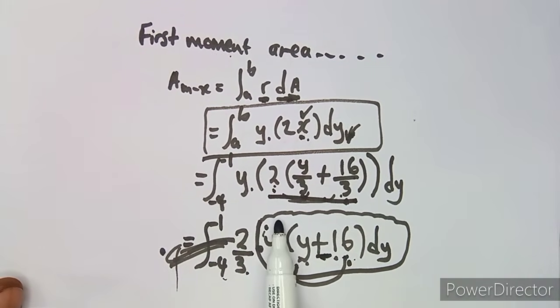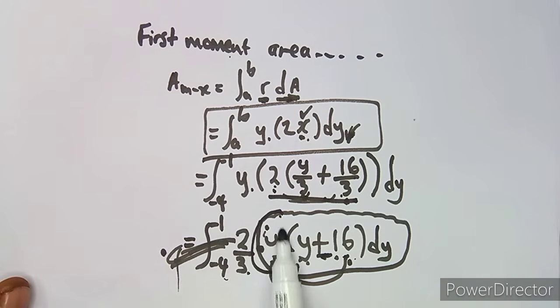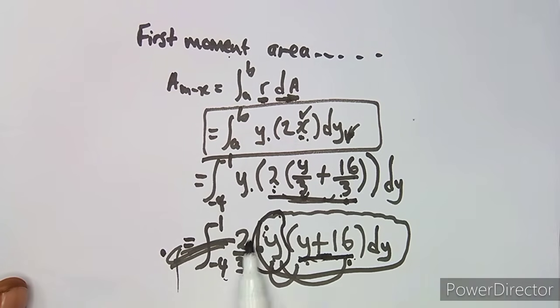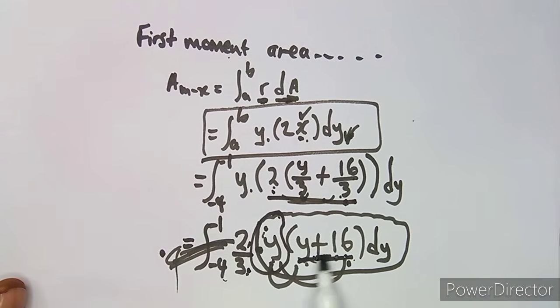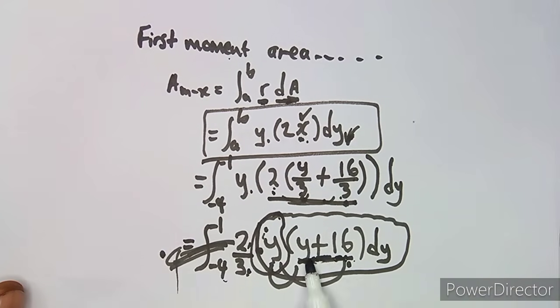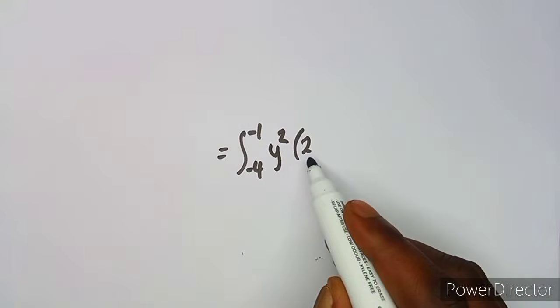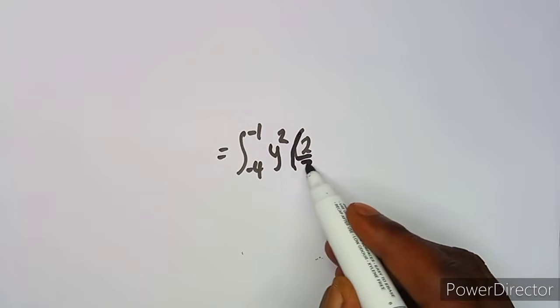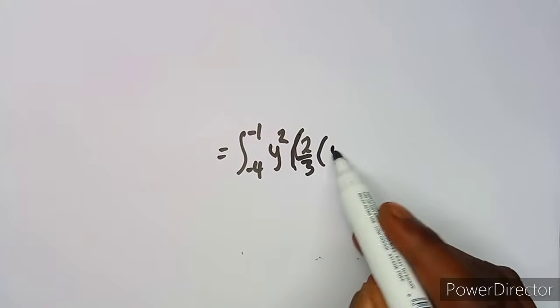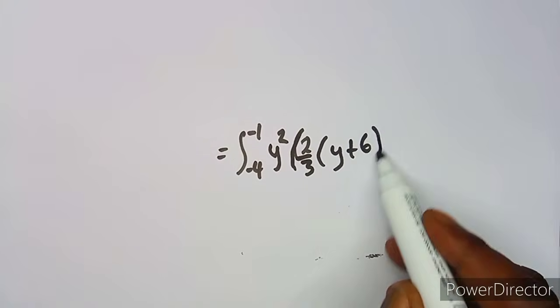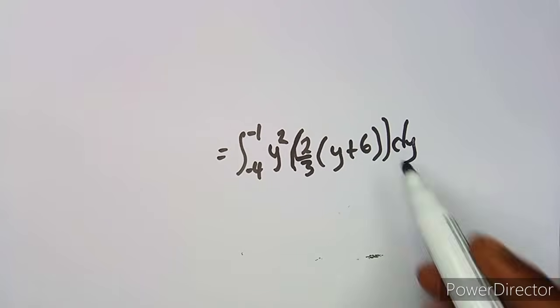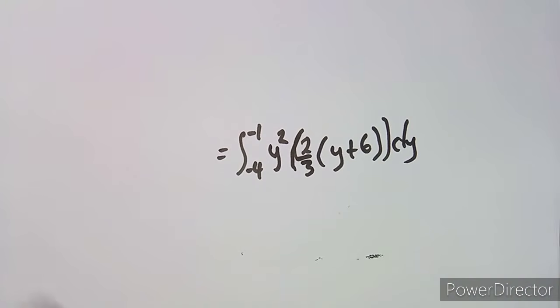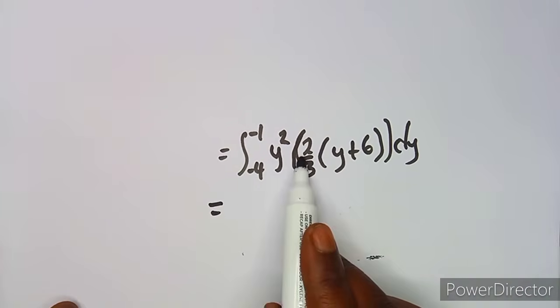Because this is just y squared, the one that we just removed, this is going to remain as it is, 2/3, and this y plus 16. You're not repeating, because you did this before. So you just take this 2/3, and we had y plus 16, dy.